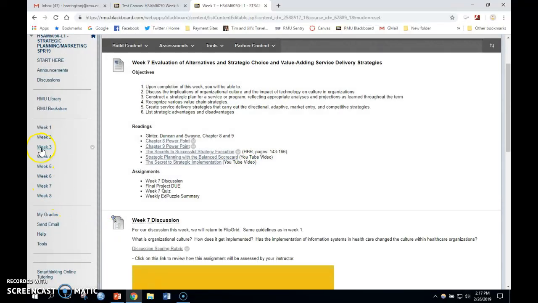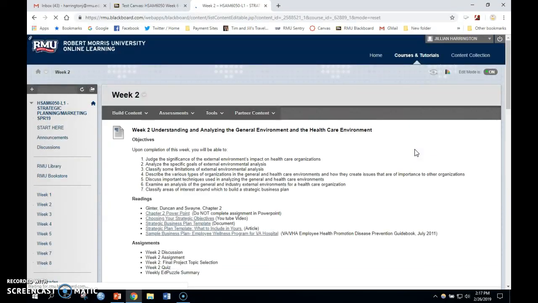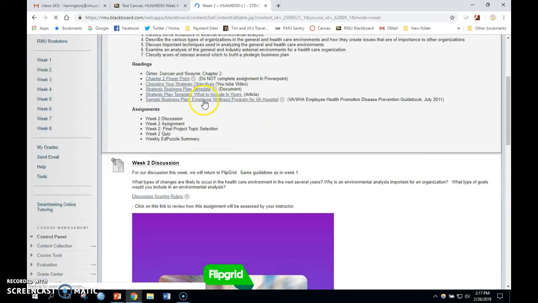And also take a look back in week 2 if you're kind of struggling with how to format, etc. We have this sample business plan here that is an overall business plan, but we've also got 2 other templates to show what needs to be included in these plans.